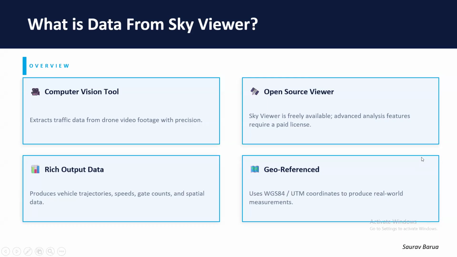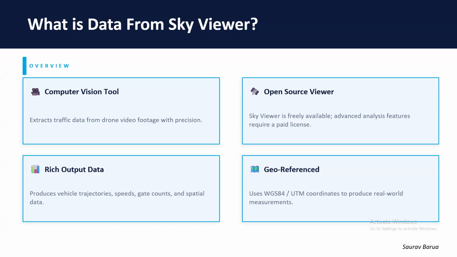So what is Data from Sky Viewer? It's actually a computer vision tool. It extracts traffic data from drone video footage with better precision. I'll show detailed step-by-step calculation in a later phase of this presentation. Data from Sky Viewer is free, but Data from Sky is not open source.